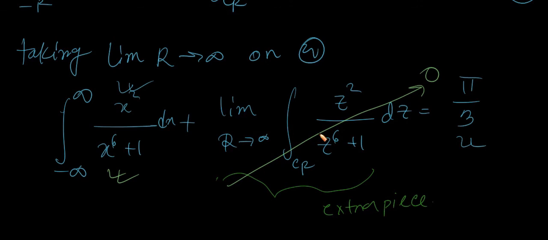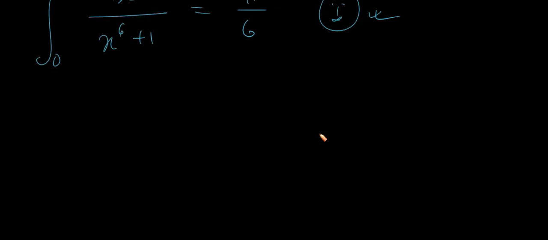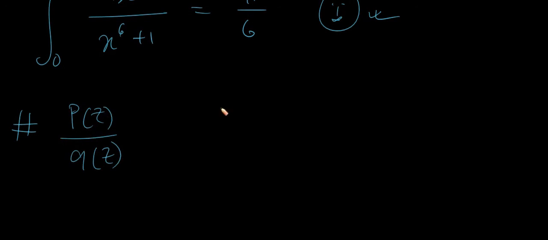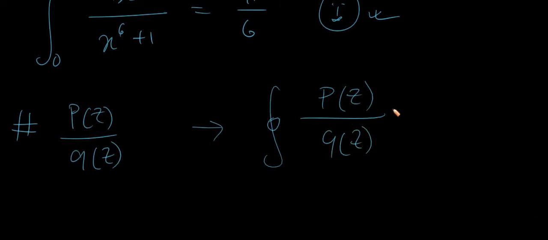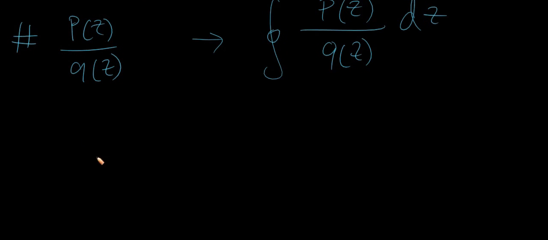So there is a general theorem. Let me finish this lecture off by using a theorem. Again, this theorem is given without proof. So let's say you have something like p of z over q of z, and you are considering some integration that involves p of z divided by q of z dz, right? And let's say the integration contour is something like this.